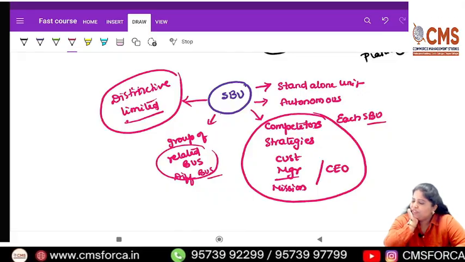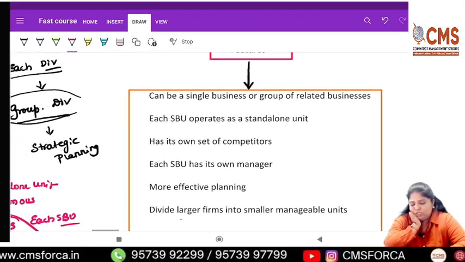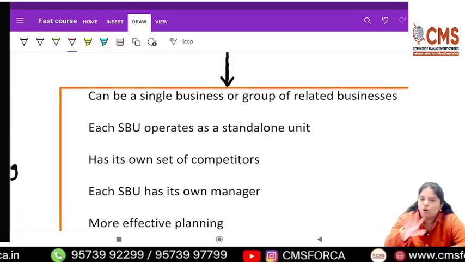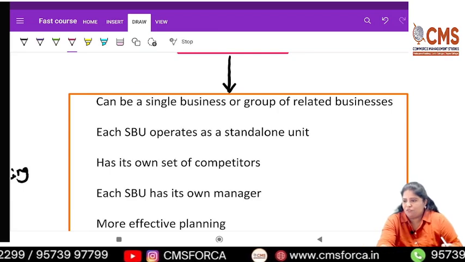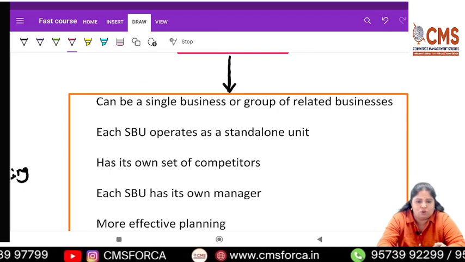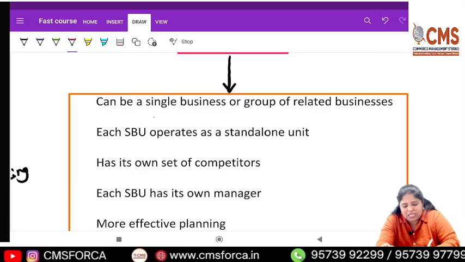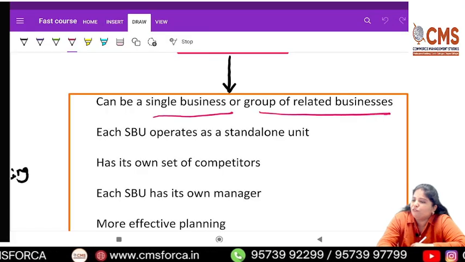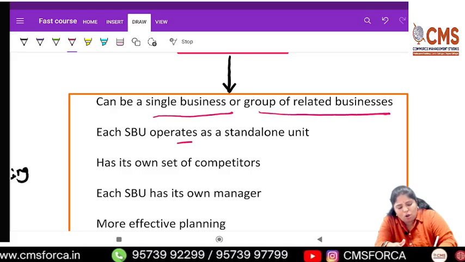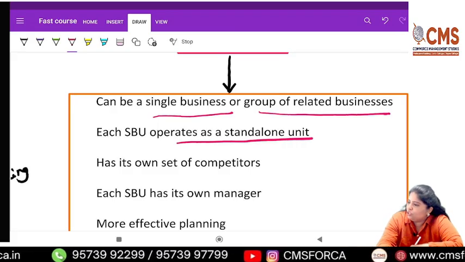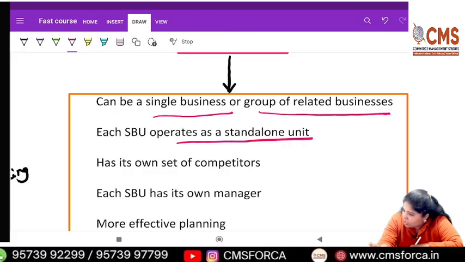Shall we proceed further? Shall we look at its features? You know most of the points, just keep reading. We will go through all the features of SBU as I have given you an overview already. An SBU can be a single business or a group of related businesses, and each SBU operates as a standalone unit. They are completely autonomous.